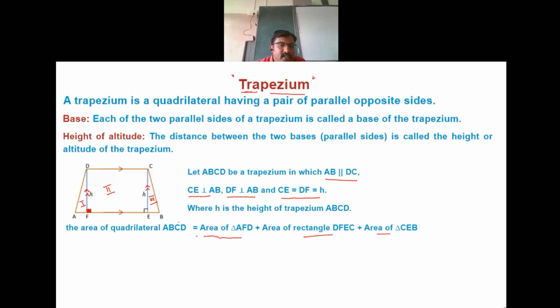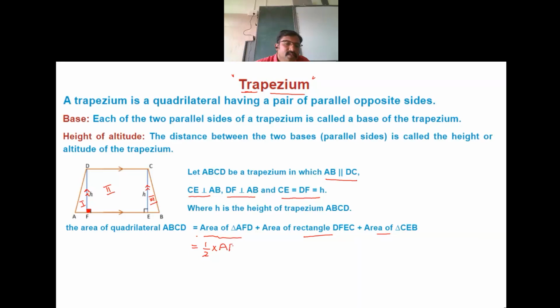How to find the area of this triangle AFD? We know the formula: half into base into height. So half into, what is the base of this triangle AFD?